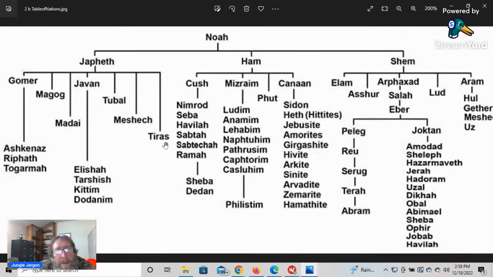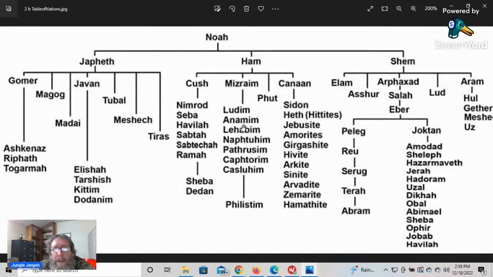You know, the northern nations. This became the northern nations. Ham is the youngest son with the descendants of Cush, Mitzrayim, Put, and Canaan.